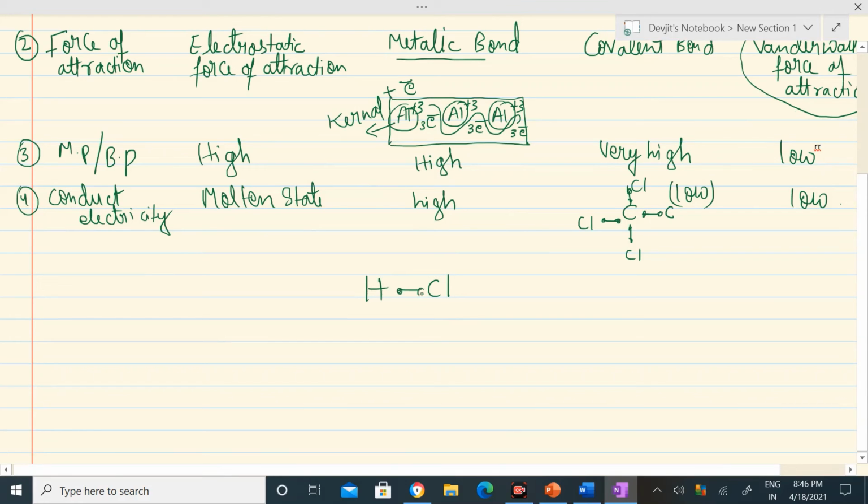So the shared pair of electrons has a tendency to move towards the chlorine. So chlorine will have more negative charge, more delta negative, and hydrogen will have more delta positive. So here a positive field is created, and here a negative field is created. This is called polar. So these molecules are polar in nature.